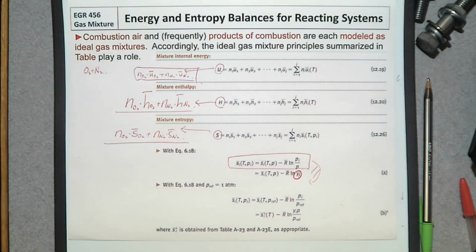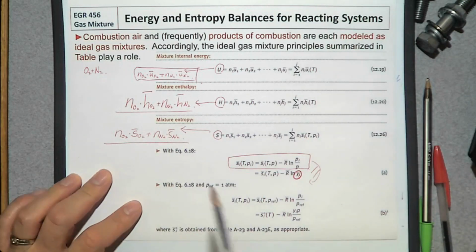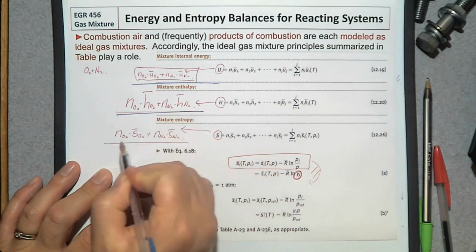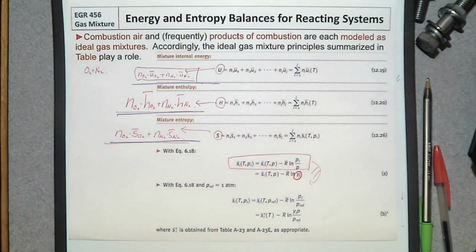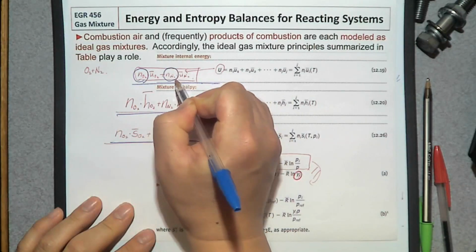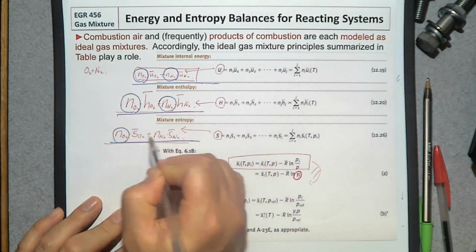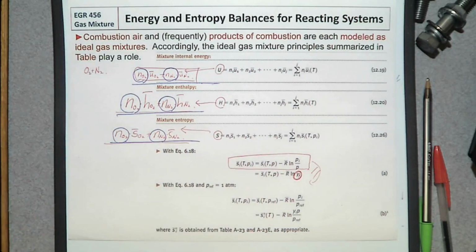So now the question is, how can we determine these? Now we know how to determine the number of moles, N of oxygen, N of nitrogen. How do we determine them? It's simple.